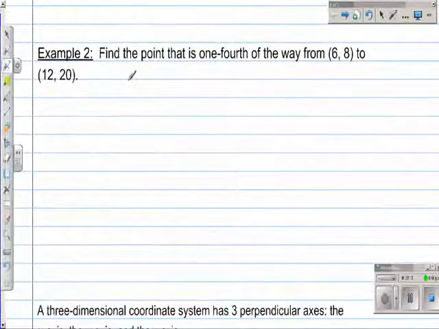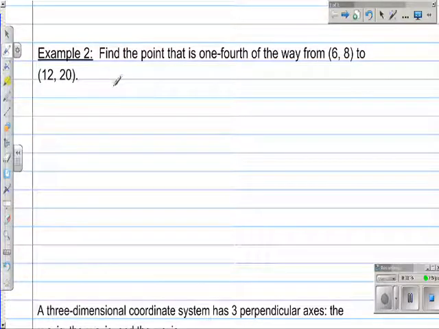For our second example, we want to find a point that is 1/4 of the way from 6, 8 to 12, 20. So in order to go only 1/4 of the way, when you're finding a midpoint, you're going halfway. Well, to go 1/4 of the way, for your x value, you'll take where you start. So you take your starting place, and then you add, we're only going 1/4 of the way, so I'm going to add 1/4 of the length that I'm going to go.